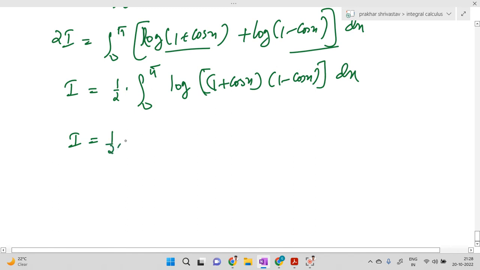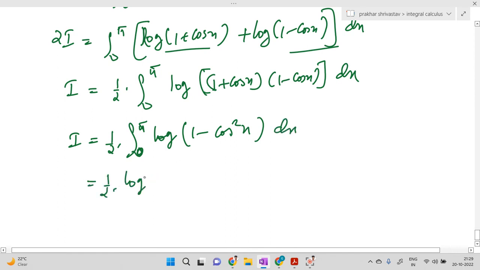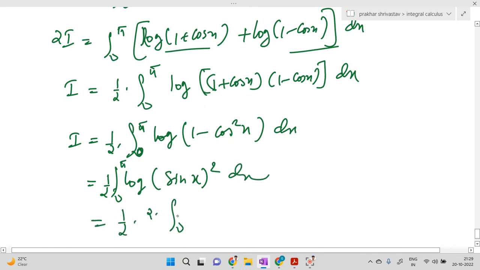So I equals 1/2 integral 0 to pi, and log a plus log b is log of (1 plus cos x) multiplied by (1 minus cos x). That is 1 minus cos squared x, which is sin squared x. So it can be written as 1/2 integral 0 to pi log of sin x to the power 2 dx. So it is again 1/2 into 2 integral 0 to pi log of sin x dx.